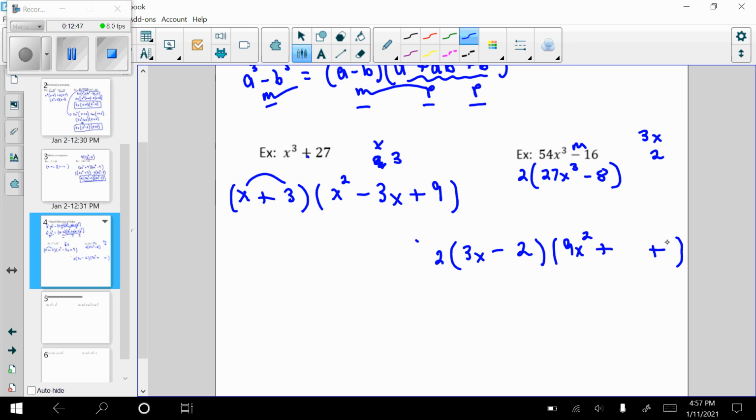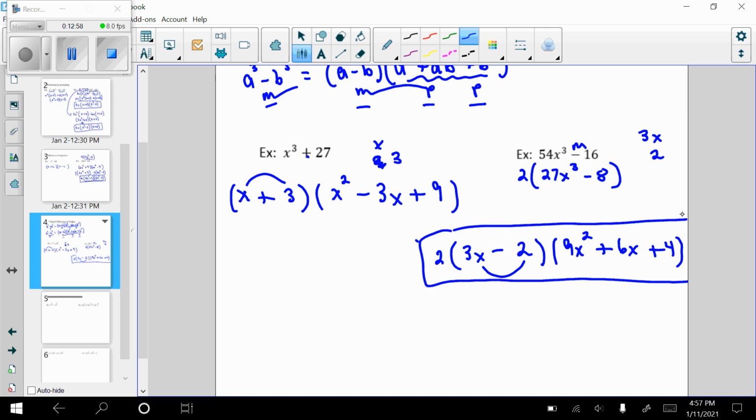Last term is 2 squared, which is 4. And the middle term is just 3x times 2, which is 6x. So there's your patterns for factoring a sum or difference of two perfect cubes.